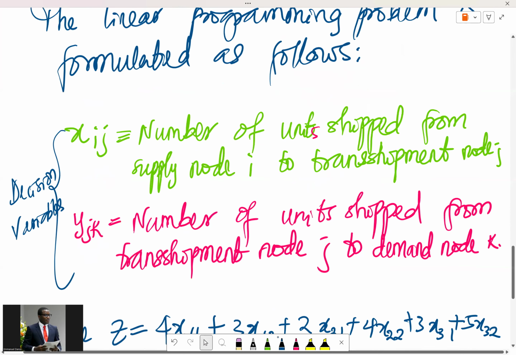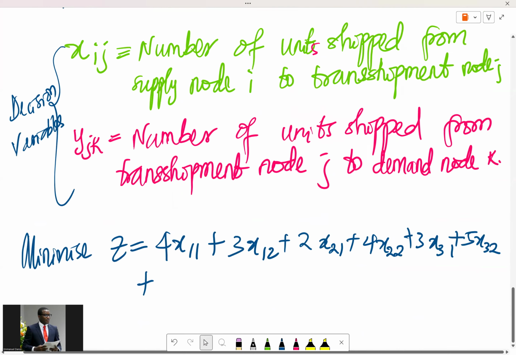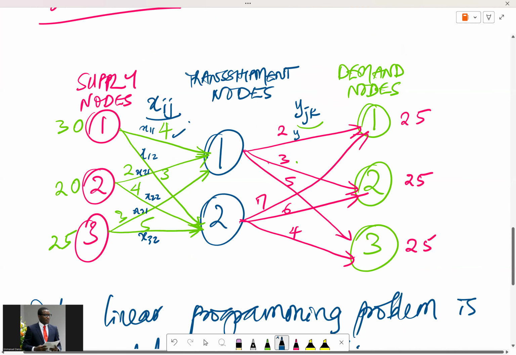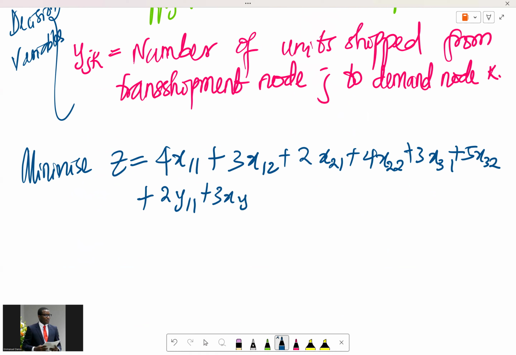So we add the yjk terms: 2 times y11, plus 3 times y12, plus 5 times y13, plus 7 times y21, plus 6 times y22, plus 4 times y23. So that's the objective function.